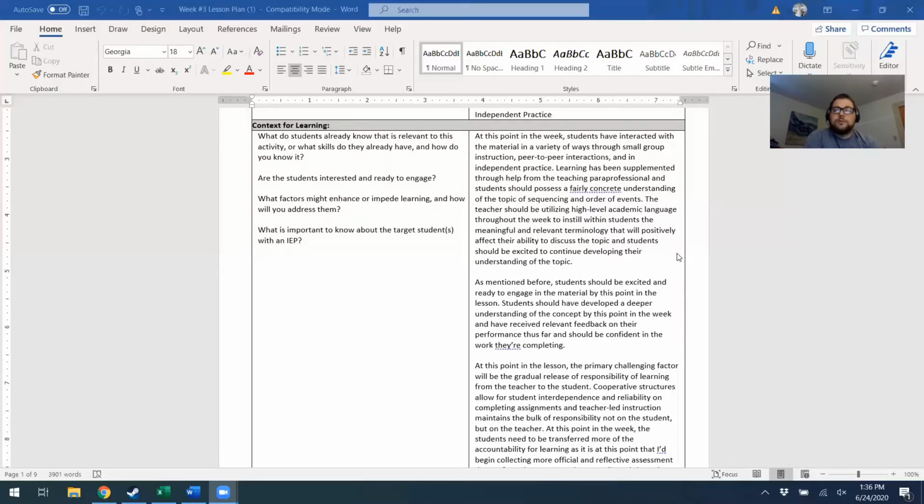To walk them through, it's that gradual release of learning in which the teacher leads the way: I do, we do, you do. After the teacher models, the students work with the teacher and then eventually get some independent practice on that first day.